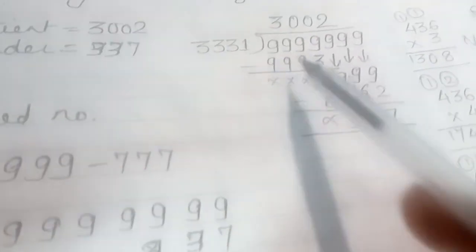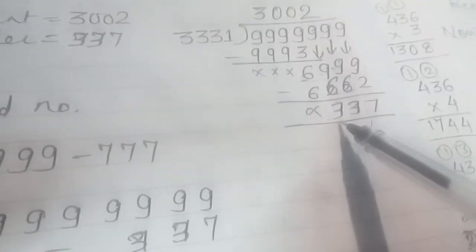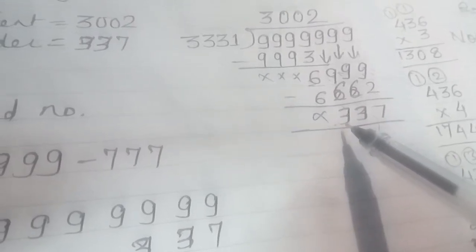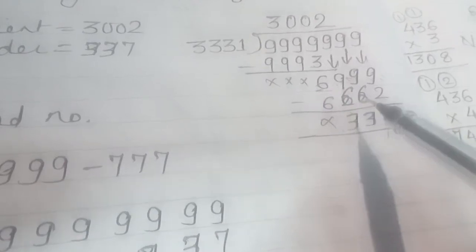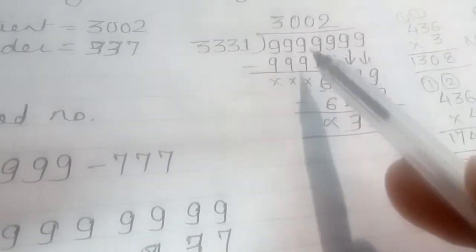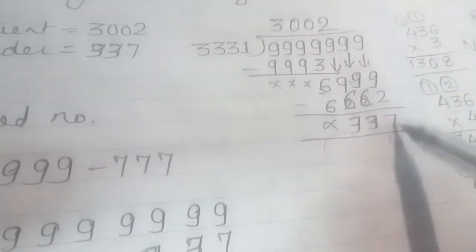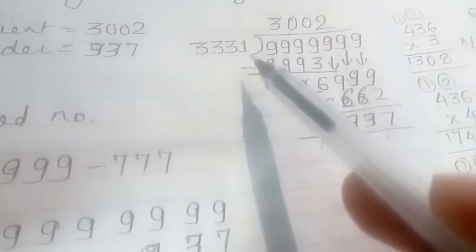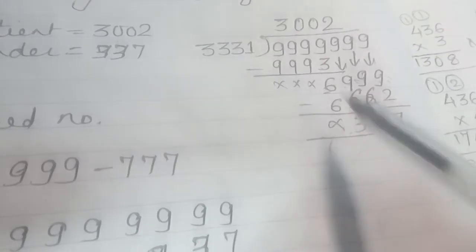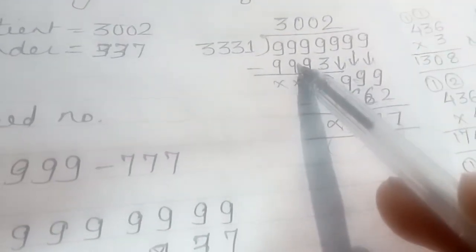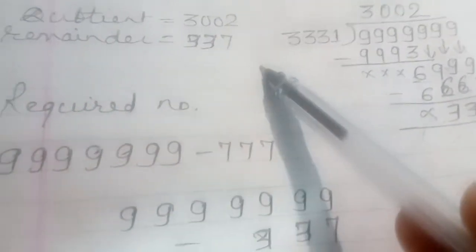Why is it so? Because we have got 337 as remainder. So it means that this number is this much more than the required 7-digit number. So what will we do? We will subtract the remainder from the 7-digit number for getting the exact number. You can see the quotient is 3002, remainder is 337.